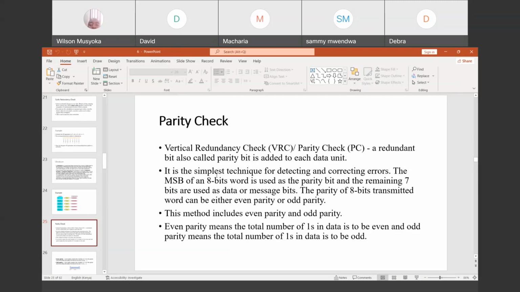So the parity bit, or the 8th bit, is the one which is going to be set as either odd or even, depending on how the mechanism has been created. And in this method, if you have set your parity bit to be either 1 or 0, and then you realize at the end of the transmission it has been changed, then you know there is a problem.